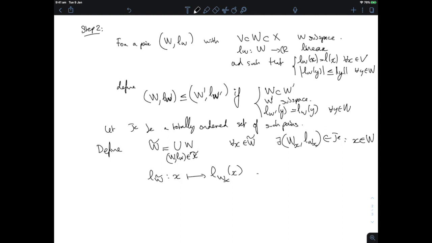And x is in one of the W's, and then I just use the linear map that I have on that W, LWx. Okay, so this is well defined.